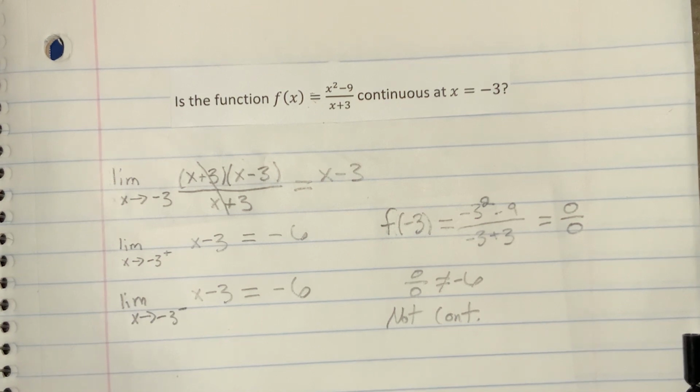We also know that if the value of the function at that point is not equal to the value that it approaches at that point, it is not continuous.